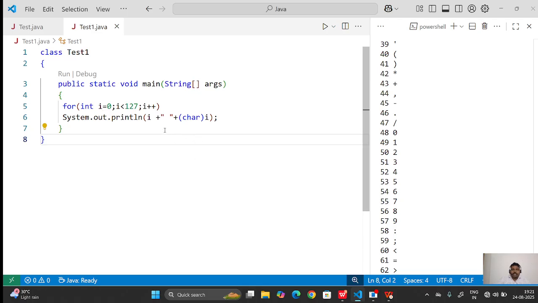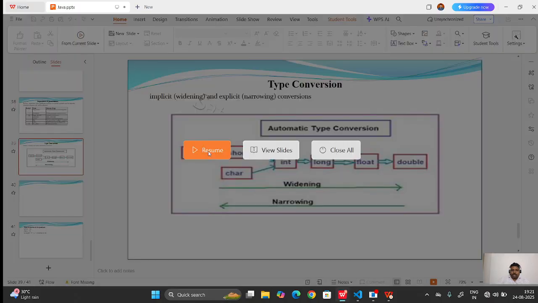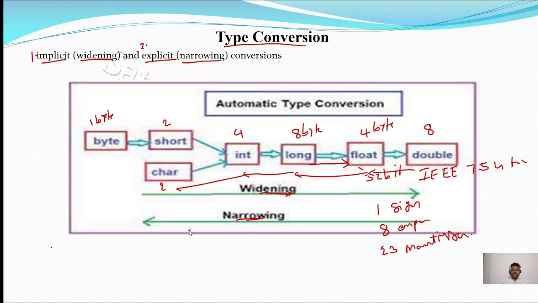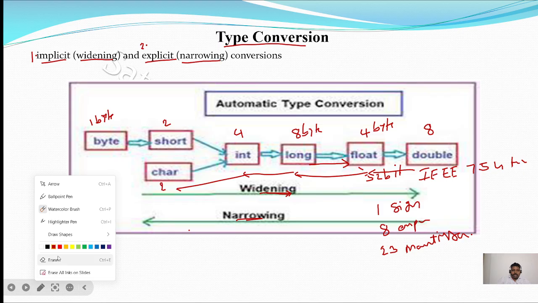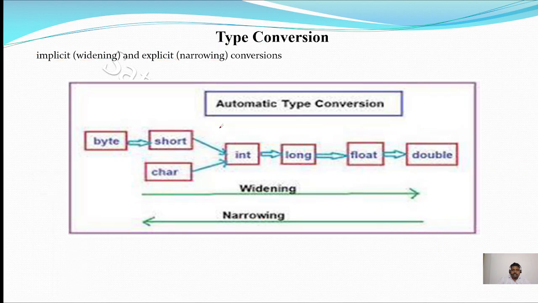Then you can understand what type conversion is, implicit and explicit type conversion. Now you can see what is meant by implicit and explicit type conversion. What is the definition? Simply remember that implicit type conversion is, for example, a long type here and an int i here.